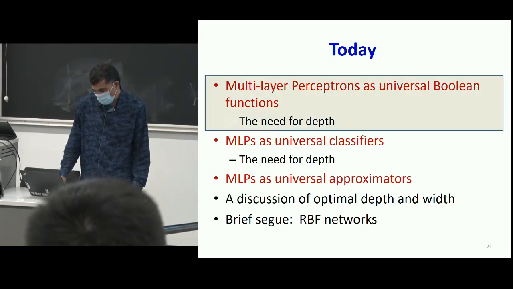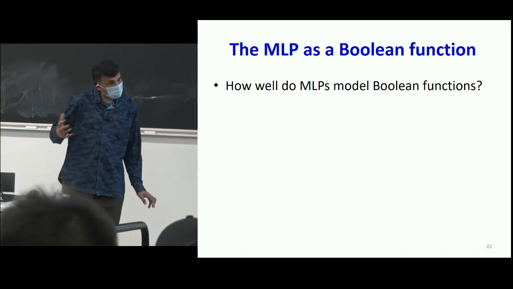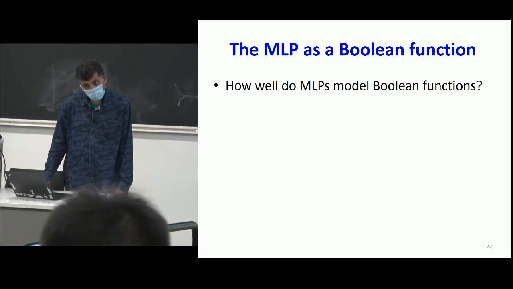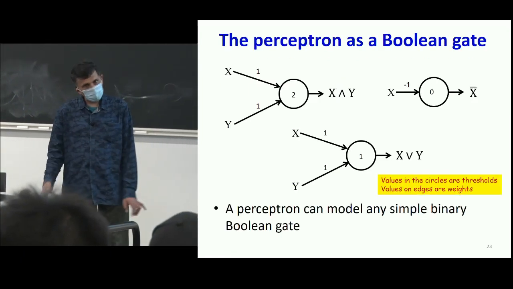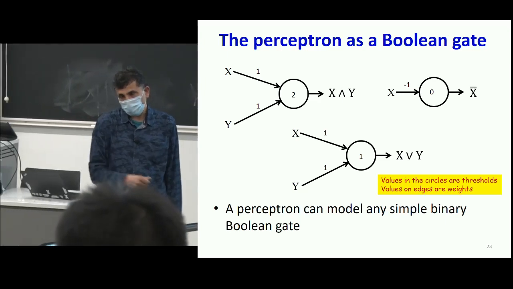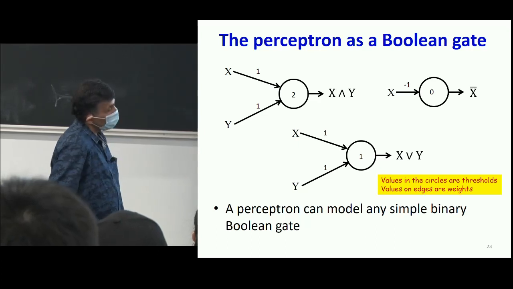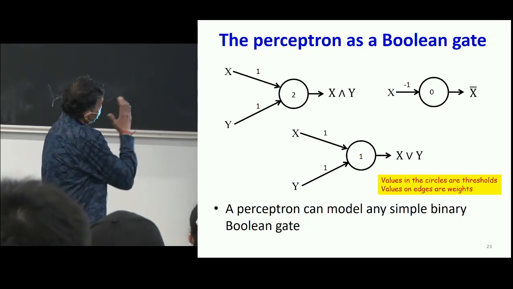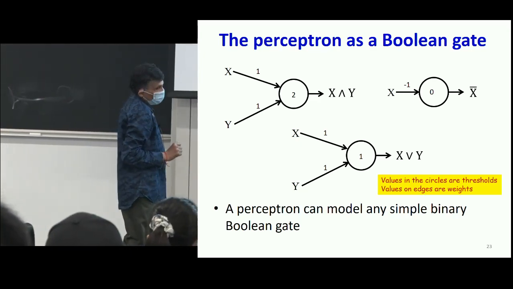So let's start with Boolean functions. We know that MLPs can model Boolean functions, but how well can they do it? Let's start with a simple perceptron, which is the smallest network. It's just one node. We know that a single perceptron can compute ANDs, that's the one to the top left. They can compute an OR, like the one in the bottom.